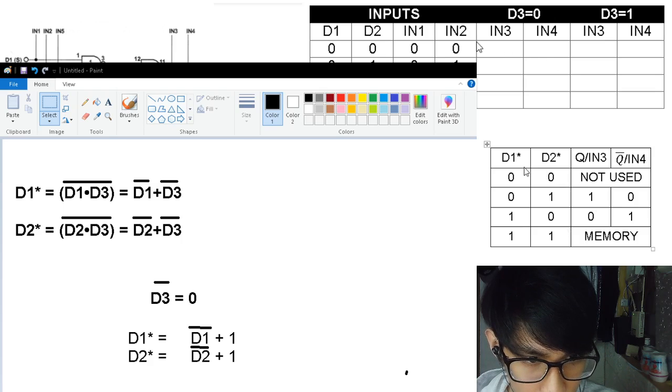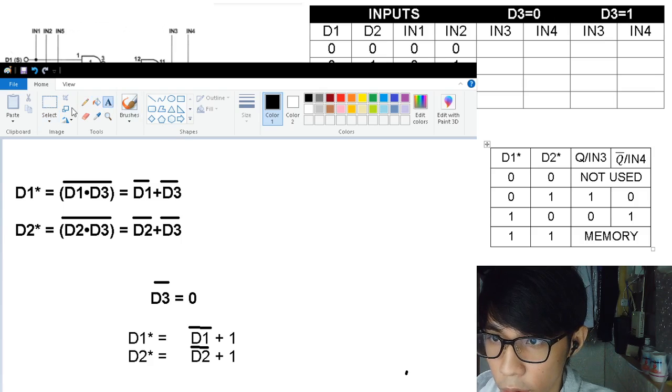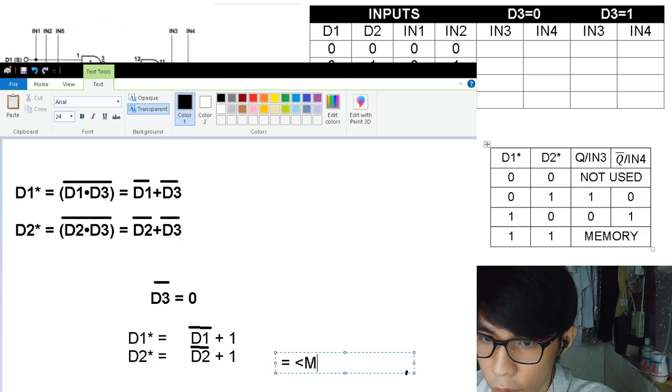So D1 star 1, D2 star 1 will be equivalent to a memory. So let's type here equal to memory.